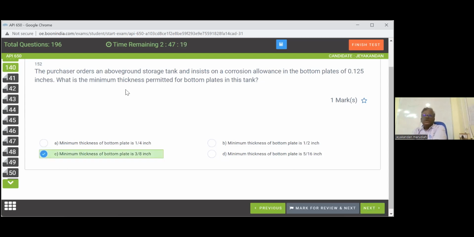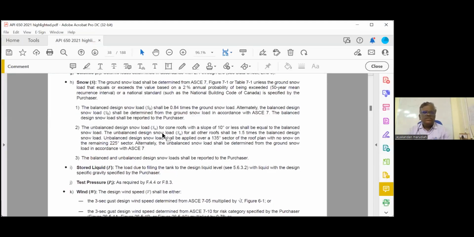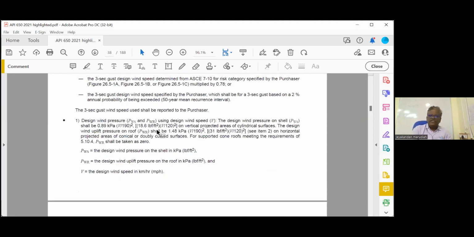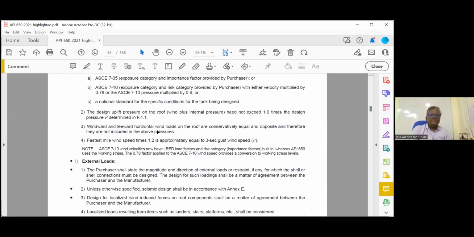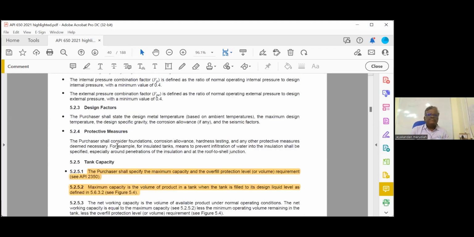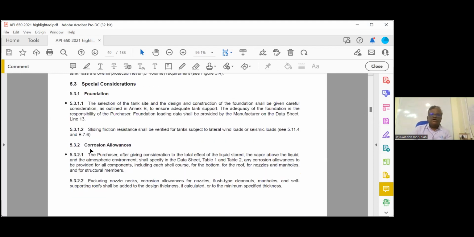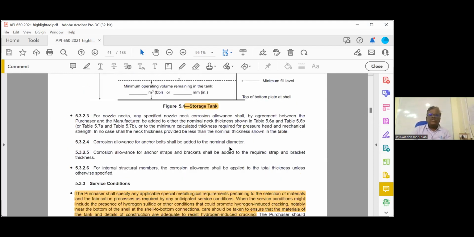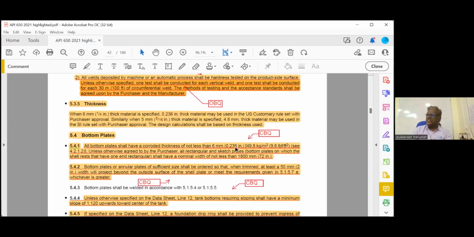How did you calculate it? See, this is from here. You can see the bottom plate. All bottom plates shall have a corroded thickness of not less than 0.236 inch. That is the minimum required. Corroded thickness means without corrosion allowance.